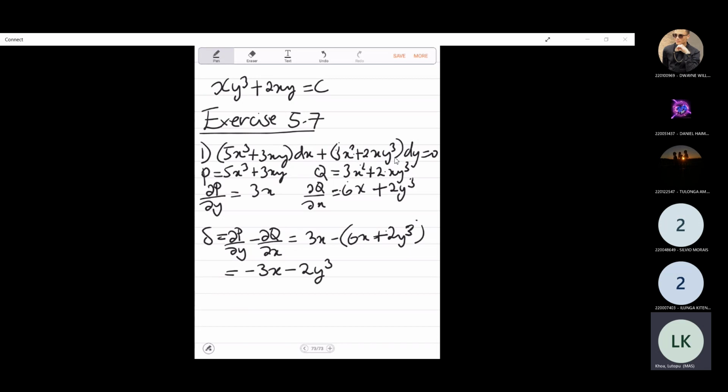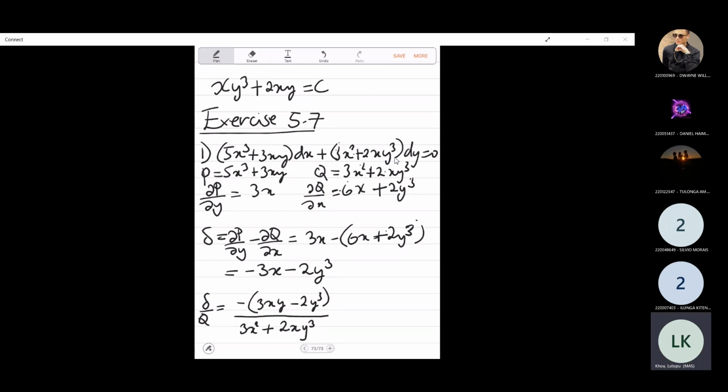Then we have to divide delta by q. So delta divided by q, this is negative (3x minus 2y cubed) divided by q, which is 3x squared plus 2xy cubed.